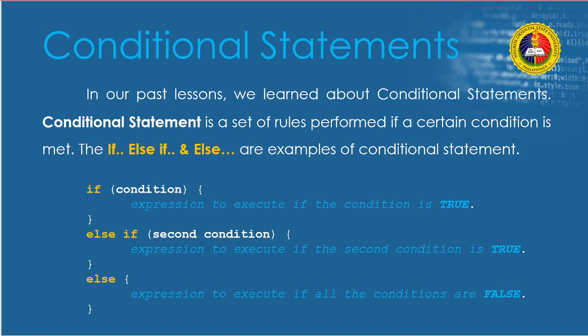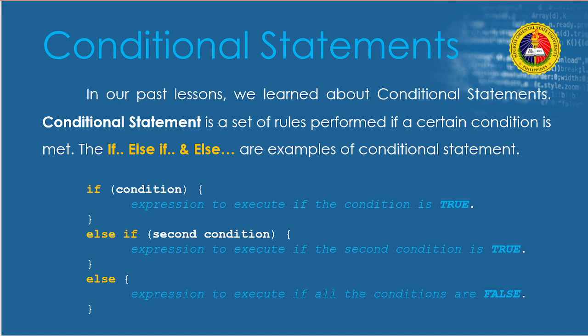Since we are trying to compare a certain condition, we'll be using the relational operators. Give an example of a relational operator, everyone. Greater than, or equal to, less than or equal to. Okay, so those are the relational operators.